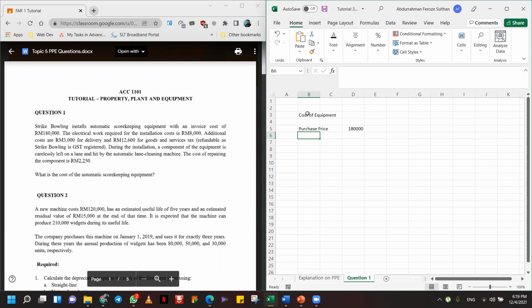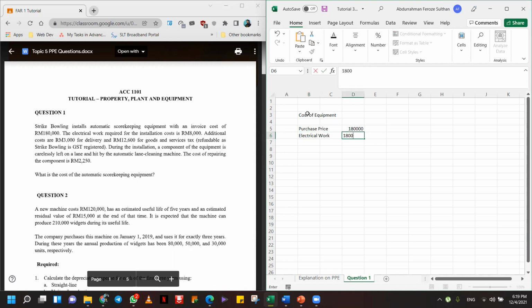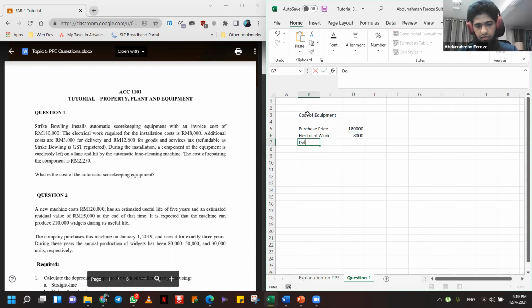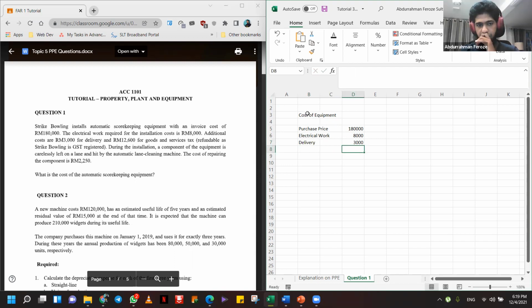Installation cost, the 8,000 electrical work. Yes, that should be added. And delivery, 3,000. What else should be added? That's it, right?